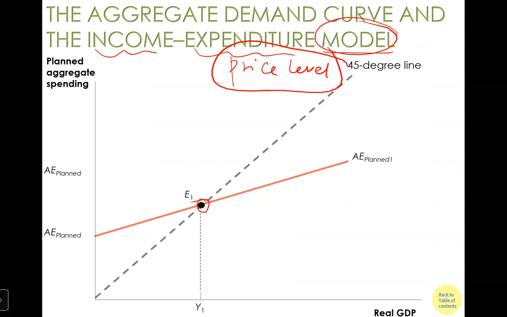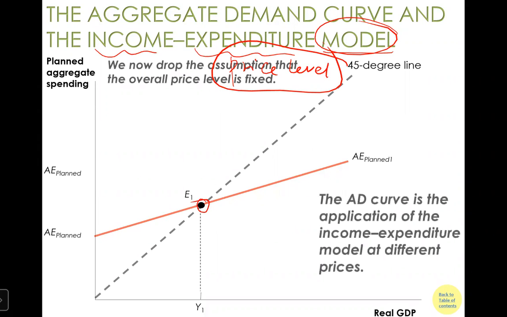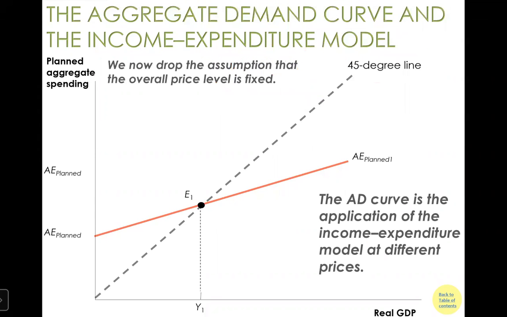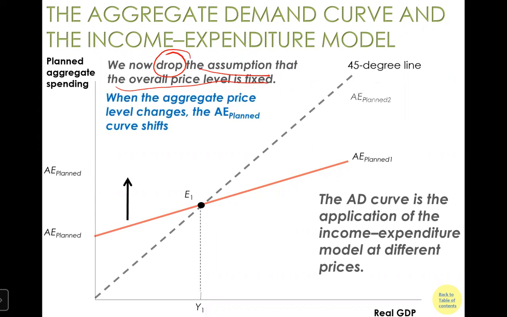Now, what happens if we drop the assumption that price is fixed? More specifically, think about what happens if the aggregate price goes down.